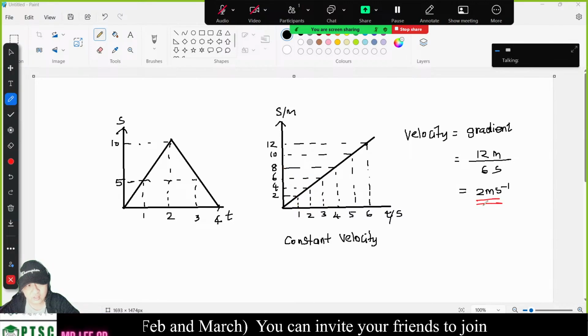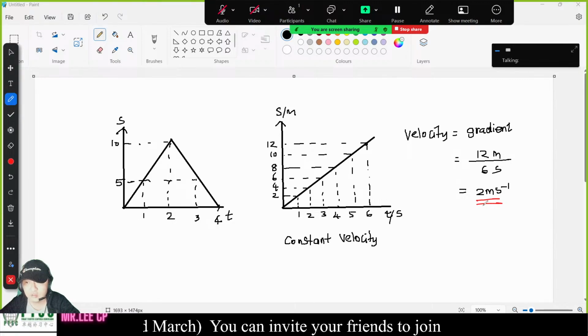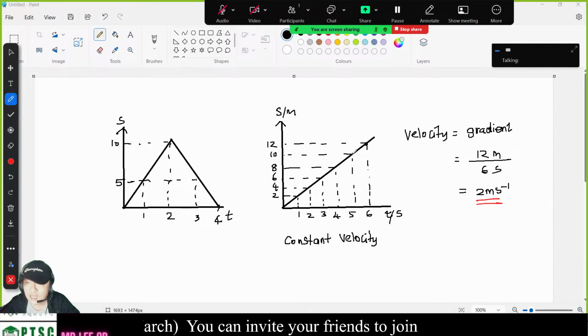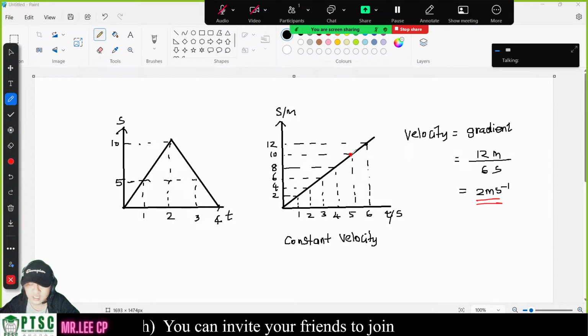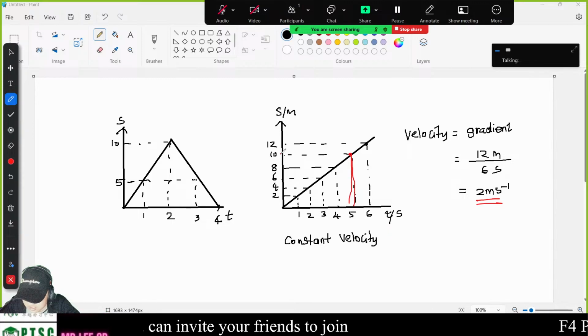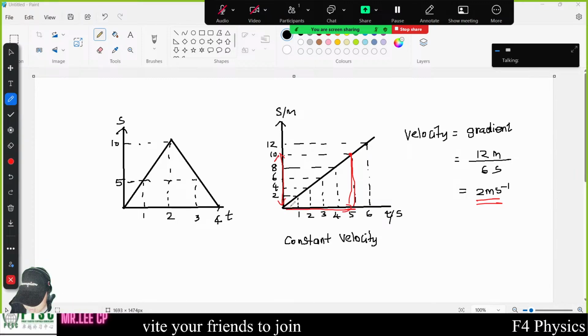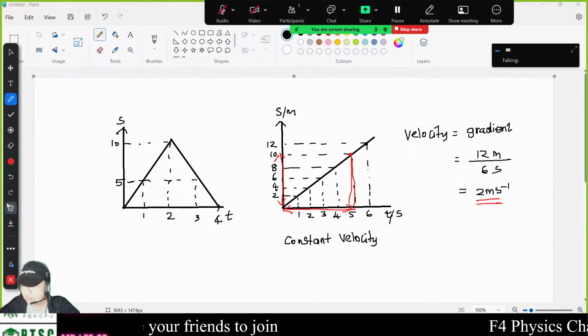Constant velocity. You are moving with the same velocity. Keep on the same. Now, if I ask you, what is the gradient here? It is 10 divided by 5. 10 divided by 5, how much? Still 2.